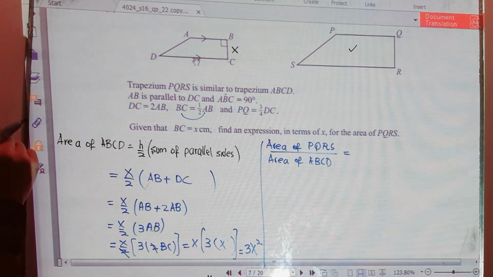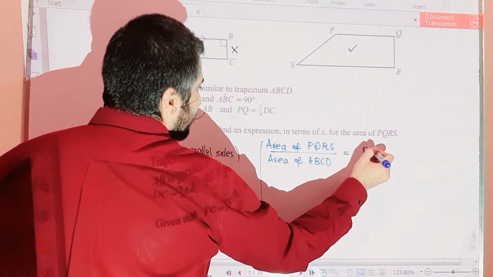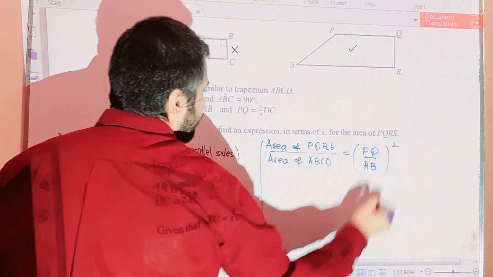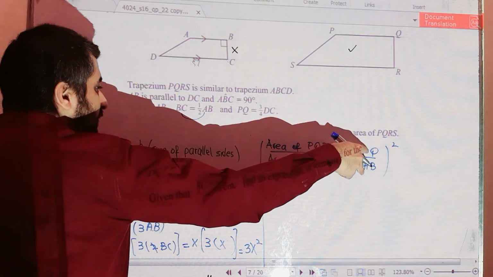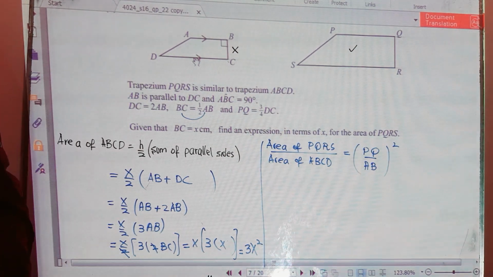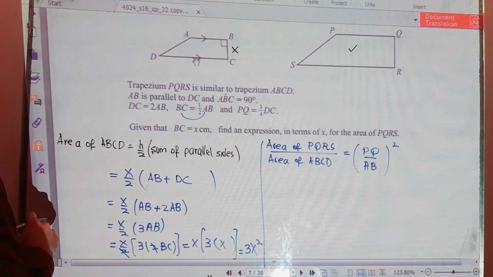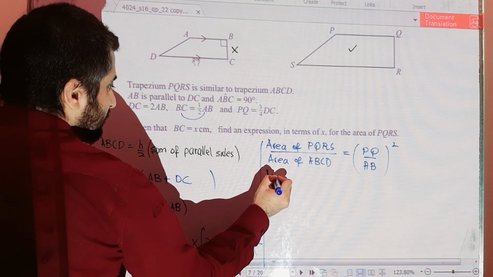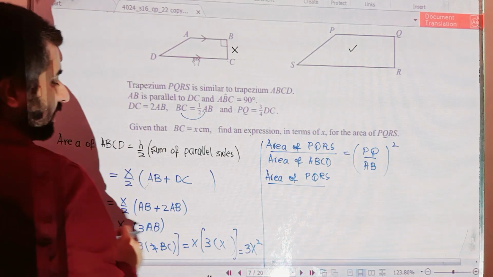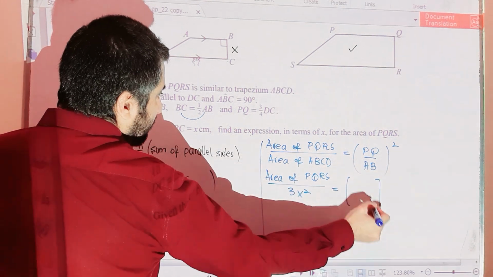If you take the corresponding sides PQ, then its corresponding side is AB, and you need to take the square of this ratio, because the ratio of areas is the square of the ratio of the corresponding lengths, which are PQ and AB in this case. The area of PQRS over the area of ABCD, which is 3x square, is equal to PQ over AB, squared.